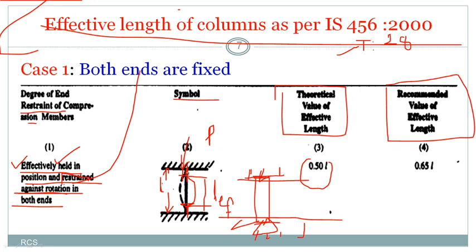The effective length for this particular situation, theoretically, we can take as 0.5 times the unsupported length, that is, 50% of the unsupported length. But the code says that for this condition, practically you have to provide 0.65 times the unsupported length. What is that case? Effectively held in position and restrained against rotation at both ends.